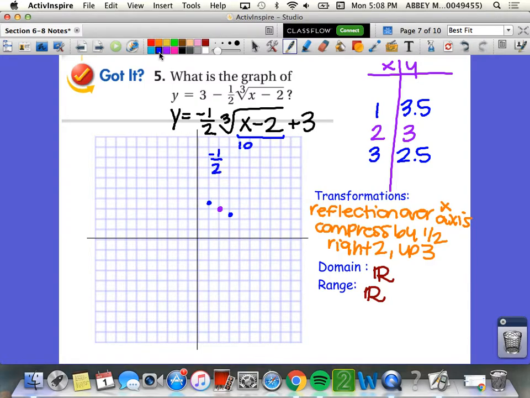So I have -1/2 times the cube root of 8 plus 3. Well, the cube root of 8 is 2, so -1/2 times 2 and then plus 3. -1/2 times 2 gives me -1 plus 3. That gives me 2. So when I plug in 10, I get out 2. I'm going to plot that point right there.